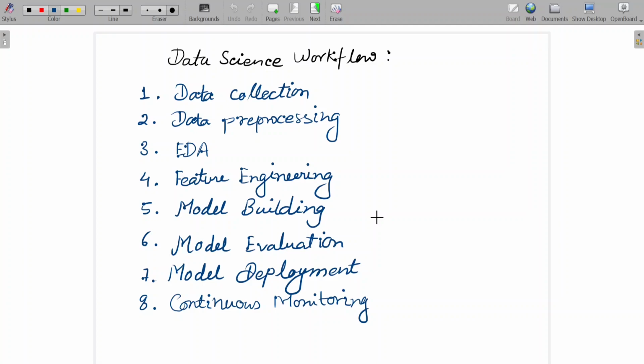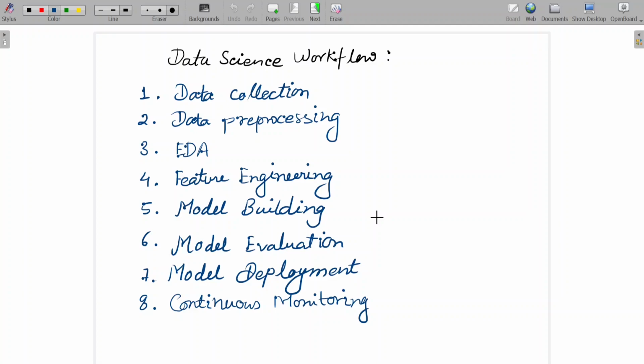So here are some points which generally come under data science workflow. Whenever we find a problem, or whenever we are planning to do a data science project, we have to follow all these steps. Okay.